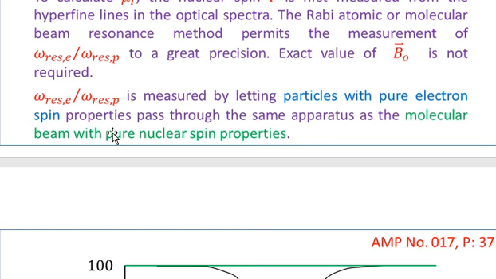Similarly, omega resonance P can be measured when the molecular beam with pure nuclear spin properties is present. These two factors can be determined very easily with these two beams: pure electron spin beams and molecular beams with pure nuclear spin.